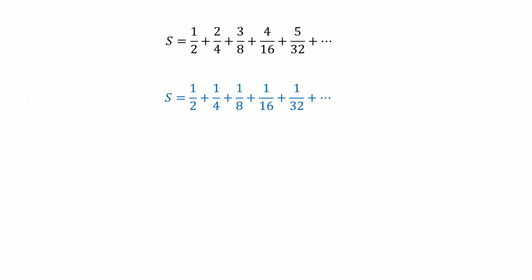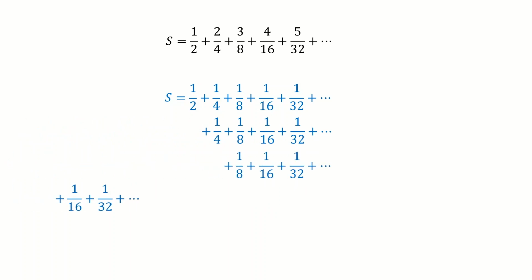Let's move on to something a bit more difficult. This one is not a geometric series because the ratio of the successive terms is not constant, but still we can use a geometric method to evaluate this series. Let's consider S equal to first this portion, and then we add this portion, and then we add this portion, and so on.